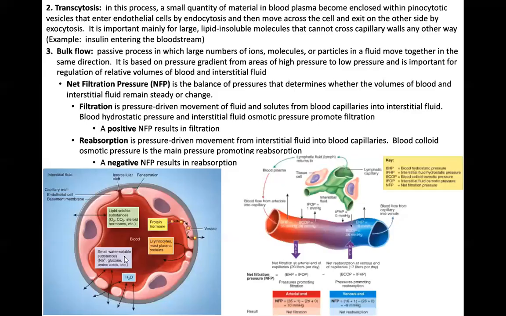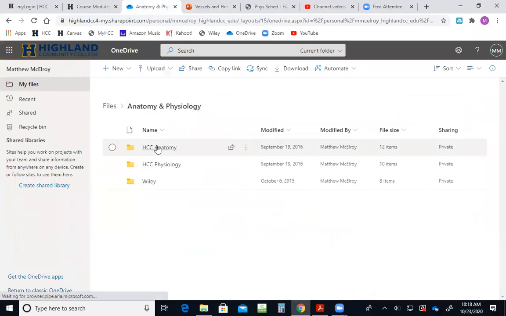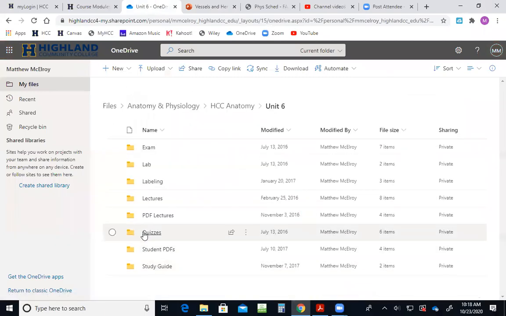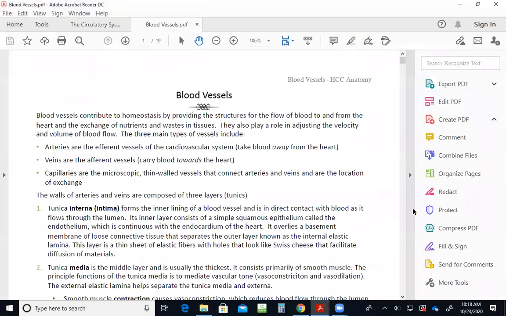Now, the way that we move stuff by way of diffusion can be through fenestrations, which are little tiny pores found within cells, because some cells that form our capillary wall are fenestrated. I'll show you a picture from my anatomy lecture of some fenestrated capillaries.